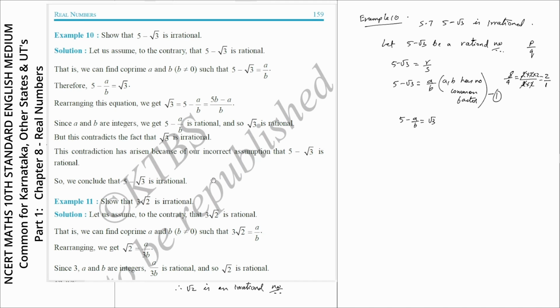Now you can see that 5 is a rational number, and a by b also is a rational number. But root 3 is an irrational number. We already proved in the previous page, in example 9, that root 3 is an irrational number.